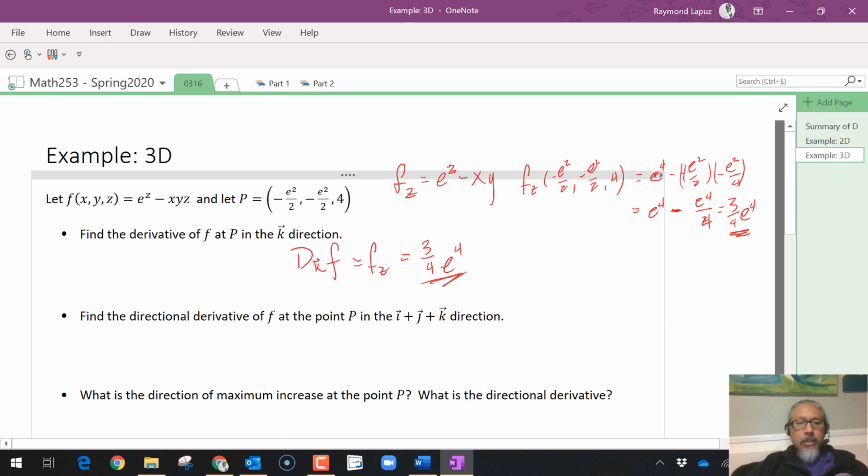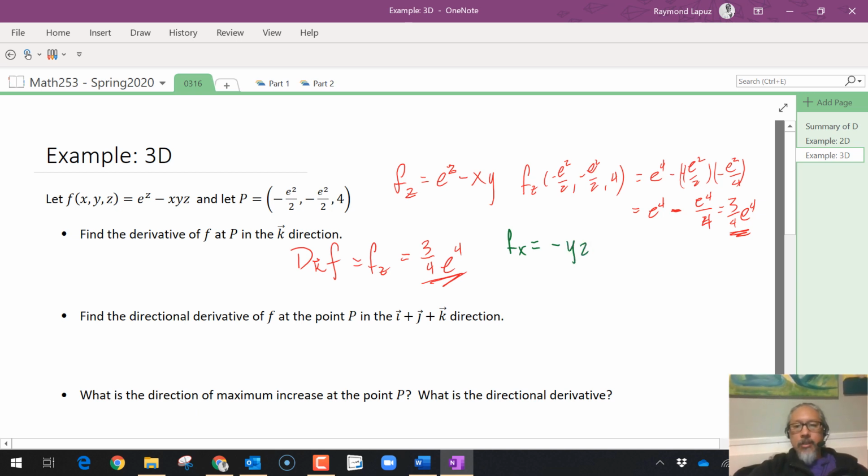Now we're given a different direction, the direction in the i plus j plus k direction. So we're going to need to go beyond our f sub z here. We need to find f sub x and f sub y as well. So the derivative with respect to x looks like it's going to be, okay, e to the z will go away, negative, and then x is the variable, so that's just yz.